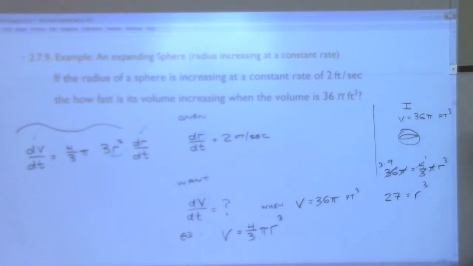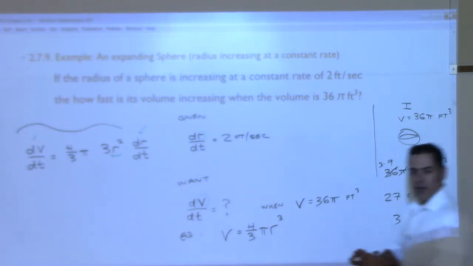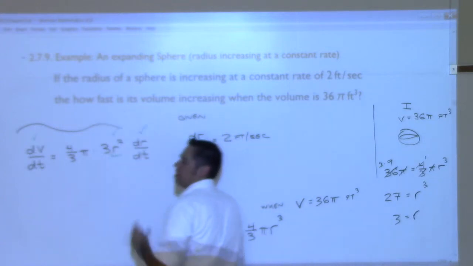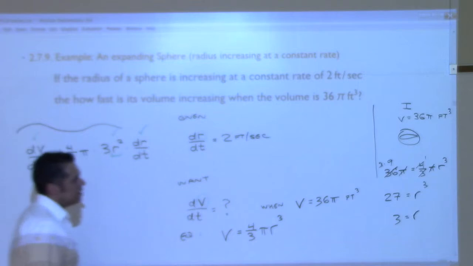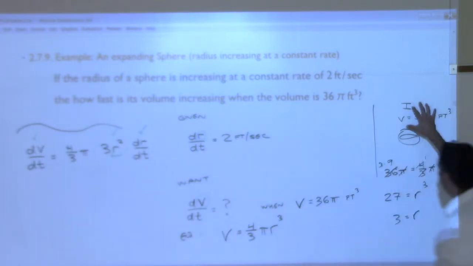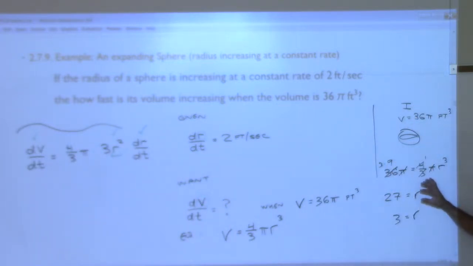So what's r? 3. The cube root of 27 is 3. So your radius is 3. So now I know that, and now I can go figure everything out. Do y'all see that this part I just did was what we started with in the very beginning? Where I said you have to be able to do these in order to do these problems, because at the very end of these problems you have to be able to maybe go back and solve for one of the variables.